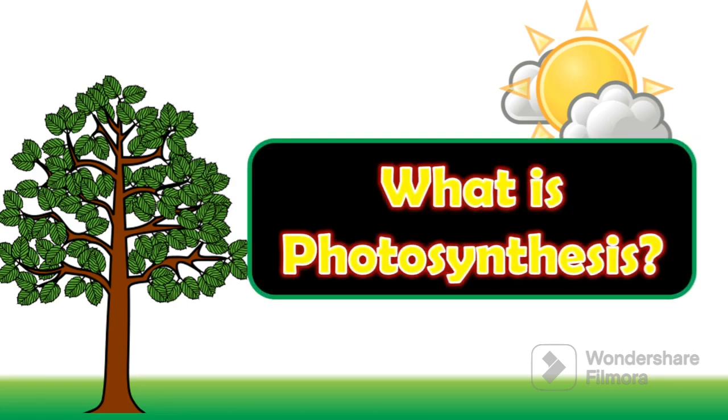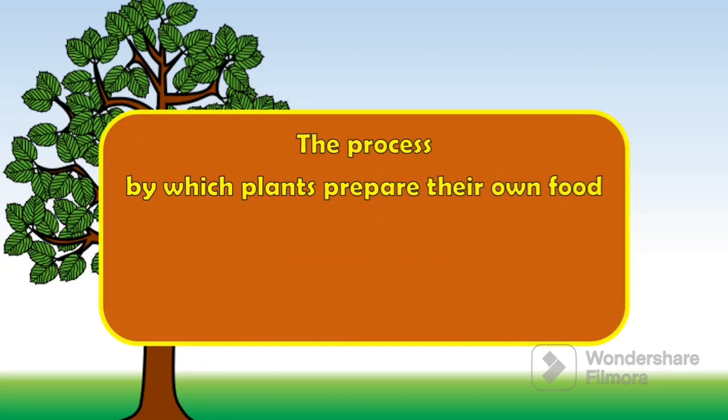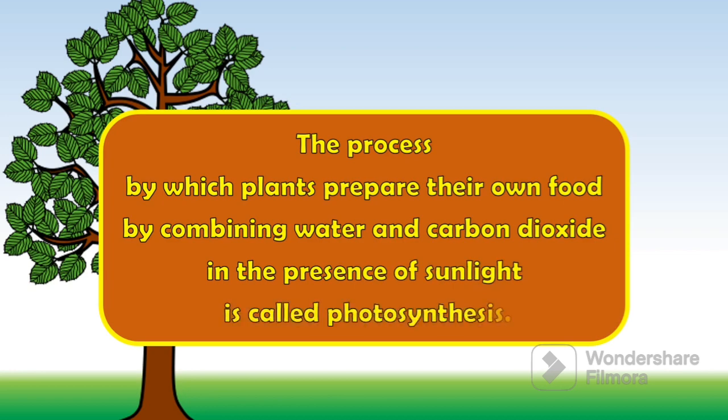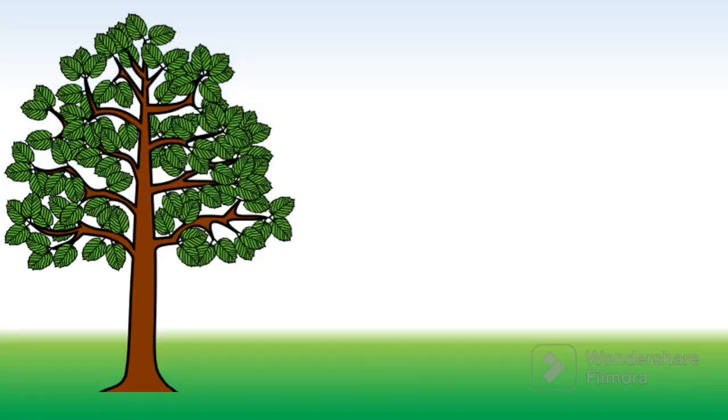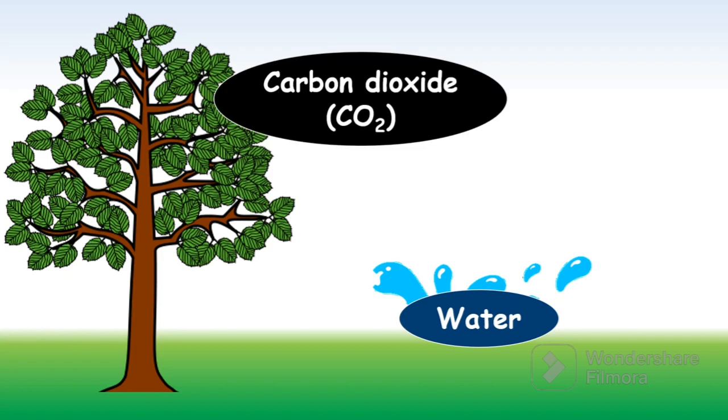What is photosynthesis? The process by which plants prepare their own food, by combining water and carbon dioxide in the presence of sunlight, is called photosynthesis. Plants need three things to prepare food: water, carbon dioxide, and sunlight.